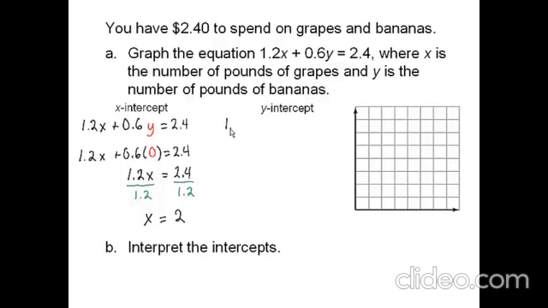We have the equation 1 2/10 times x plus 6/10 times y equals 2 4/10. When we substitute 0 for x, we get 1 2/10 times 0 plus 6/10 times y equals 2 4/10. 1 2/10 times 0 plus 6/10 y is 6/10 y.